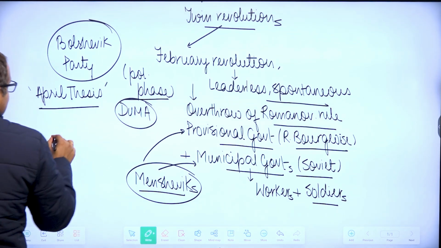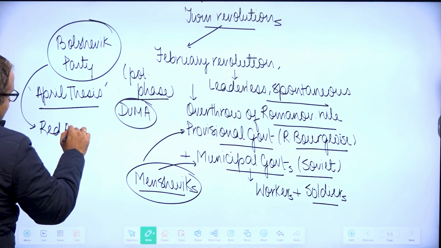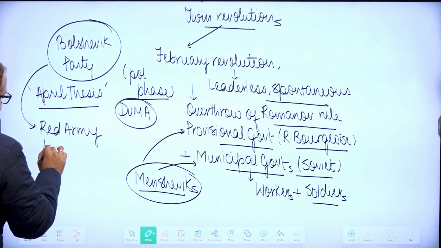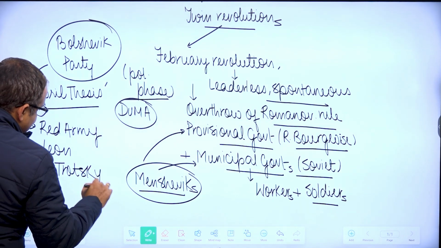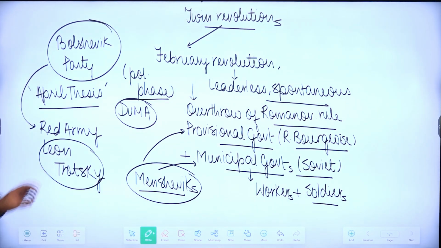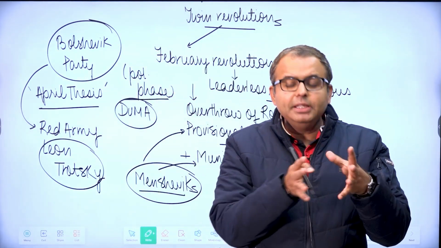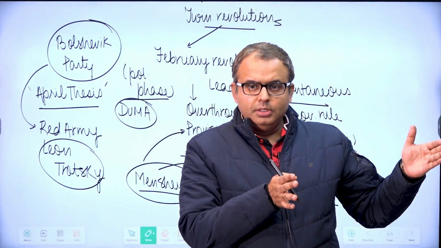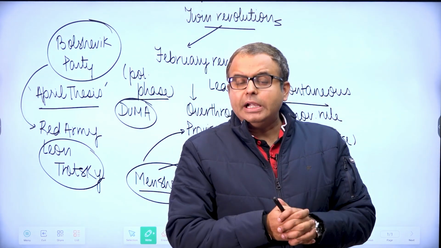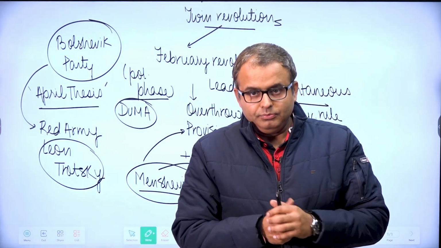And Lenin also strengthened his Bolshevik party and raised the Red Army with the help of Leon Trotsky. So this is one part where we understand what was happening in Russia after the February Revolution. We also have to understand what was the idea of revolution according to Lenin.